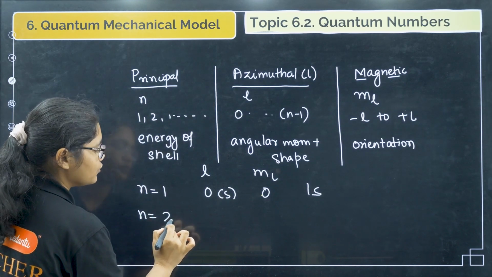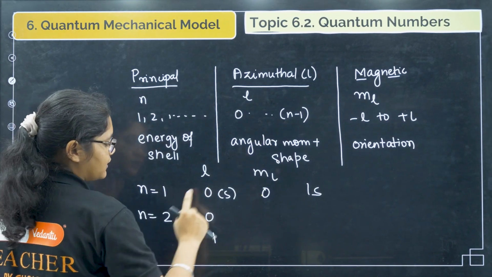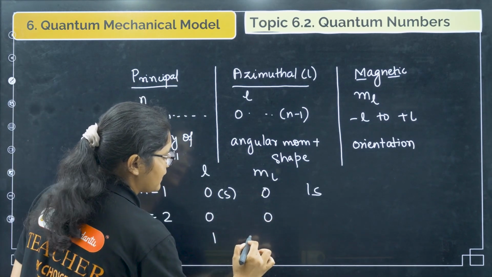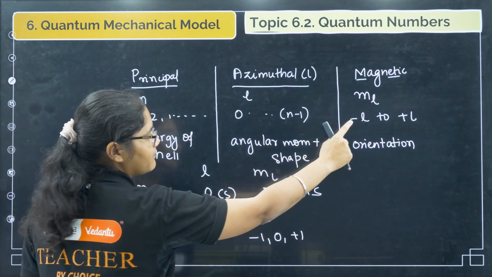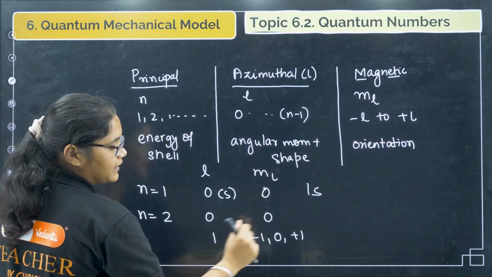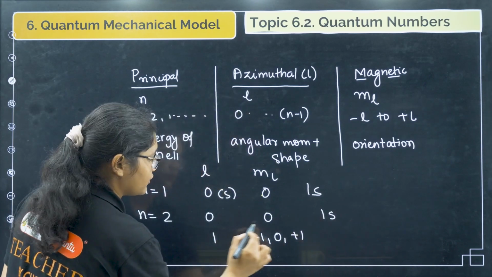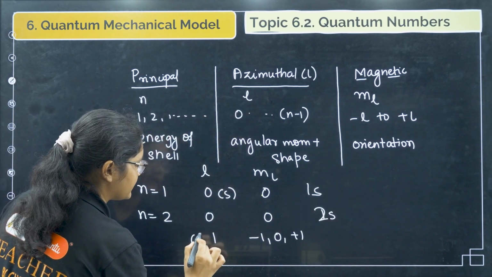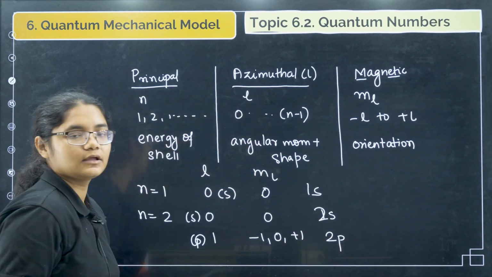If n is equal to 2, then the l value will be what? 0 and 1, because up to n minus 1, 2 minus 1 is 1. Here I will have ml value 0, and here I will have minus 1, 0 and plus 1, because ml values go from minus l to plus l. So this is 2s now, because n is 2. If the l value is 1, we call it p, so it will be 2p.